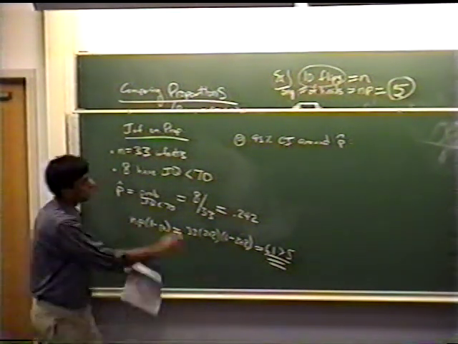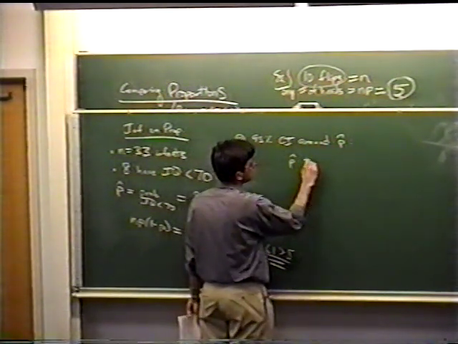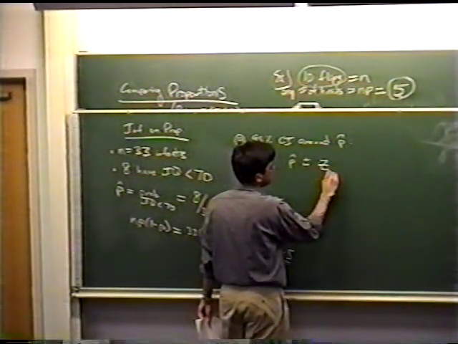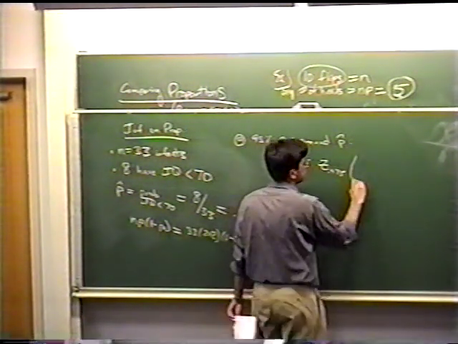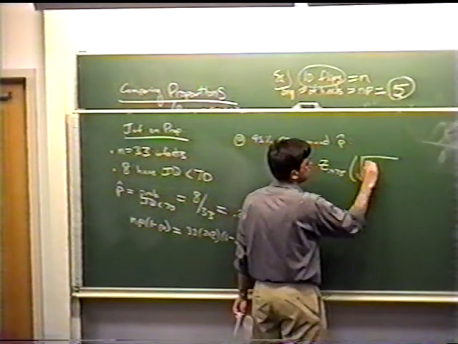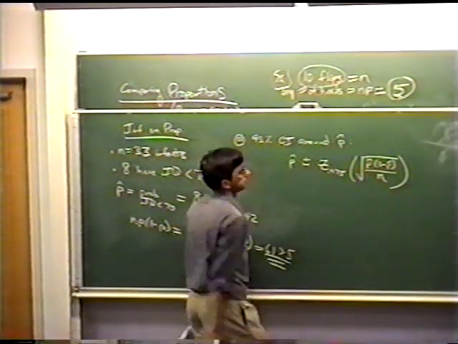Okay, so the equation for the 95% confidence interval is p hat plus or minus Z of 0.975, because it's two-sided, times the standard deviation, the square root of p hat, 1 minus p hat, over n.